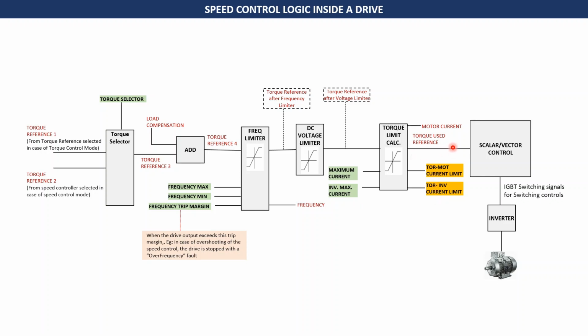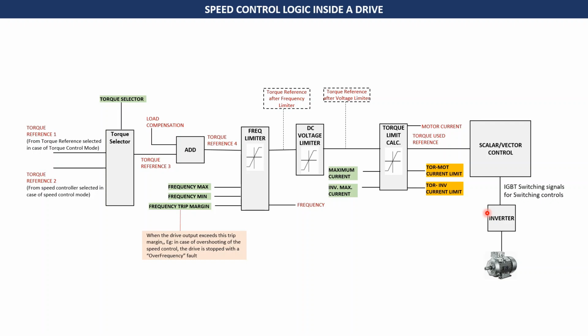Now this final torque reference goes into the control block of the drive. Most drives offer two types of control, which are scalar or vector control, and accordingly the switching signals are passed on to the inverter. These are the switching signals for the IGBTs which are housed inside the drive.